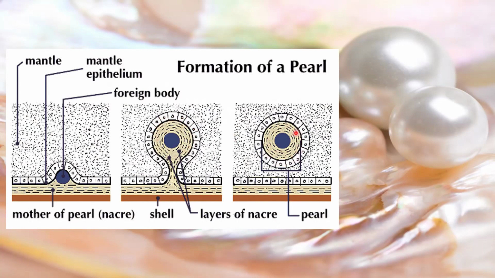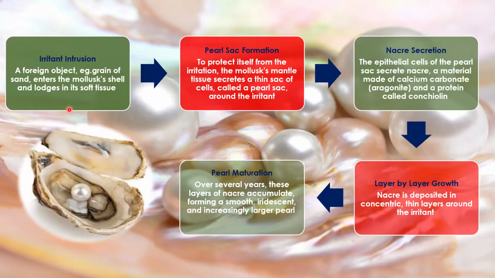Gradually, the big-sized pearl is generated. This is the way how it is formed. You can also prepare this schematic representation or flow chart for exam purposes.